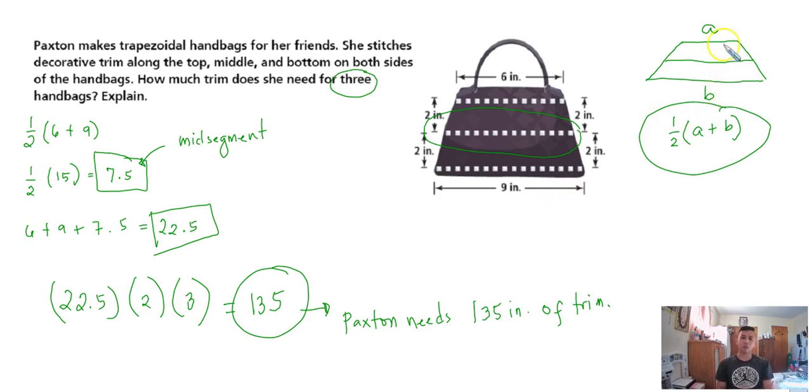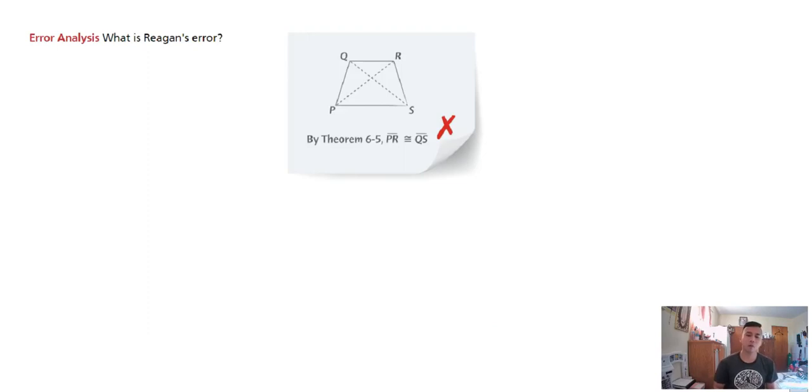It says that if you are looking at the middle segment of a given trapezoid, you add the measurements of the two bases and then divide that by 2, or multiply it by 1/2.